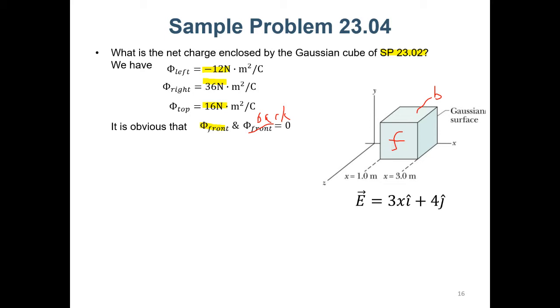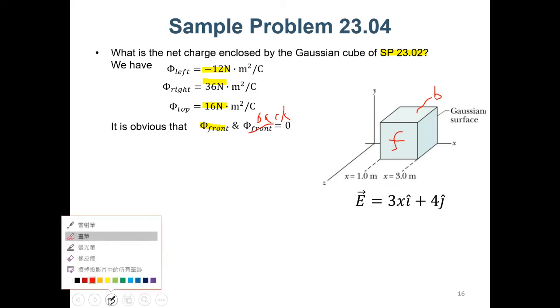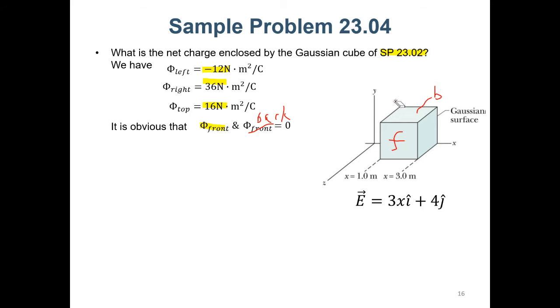How to draw back? Maybe I can draw like this. So this one will be the back, because E should be only in the X and Y direction.